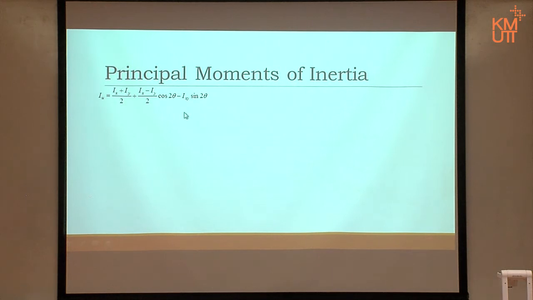That is the equation for IU. I haven't changed anything. Now, if we want the maximum value or the minimum value, what do we do? If the function is with respect to x, meaning the function changes with x, then you differentiate the function with respect to x and set it equal to 0.